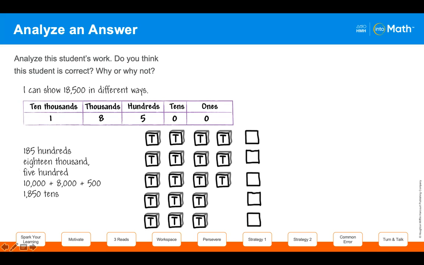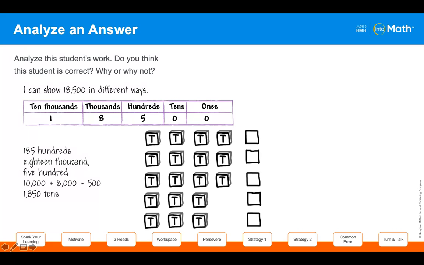So count with me by thousands. 1,000, 2,000, 3,000, 4,000, 5,000, 6,000, 7,000, 8,000, 9,000, 10,000, 11,000, 12,000, 13,000, 14,000, 15,000, 16,000, 17,000, 18,000, and count with me by hundreds. 100, 200, 300, 400, 500. Awesome. So they have shown another way here that you can represent this with base 10 blocks.